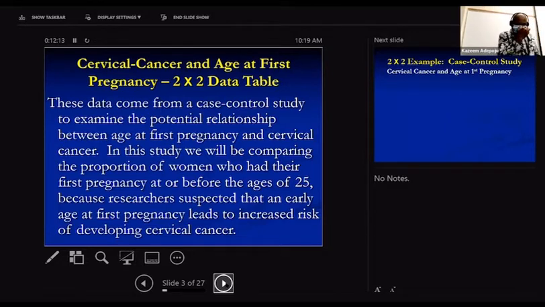In this study, we will be comparing the proportion of women who had their first pregnancy at or before the age of 25, because researchers suspected that an early age at first pregnancy leads to increased risk of developing cervical cancer. That is the hypothesis. That is what we want to investigate.